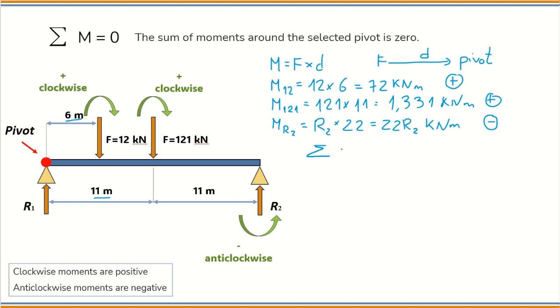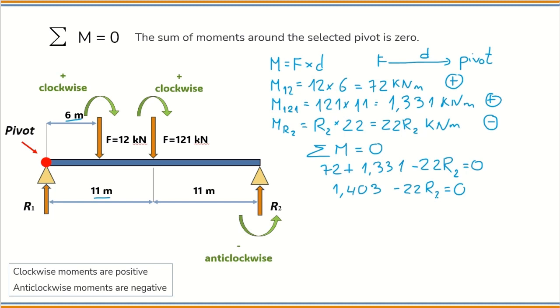Now I can apply the equation of equilibrium that says that the sum of the moments around the pivot is 0. 72 plus 1331 minus 22 R2 equal 0. 72 plus 1331 is 1403 minus 22 R2.